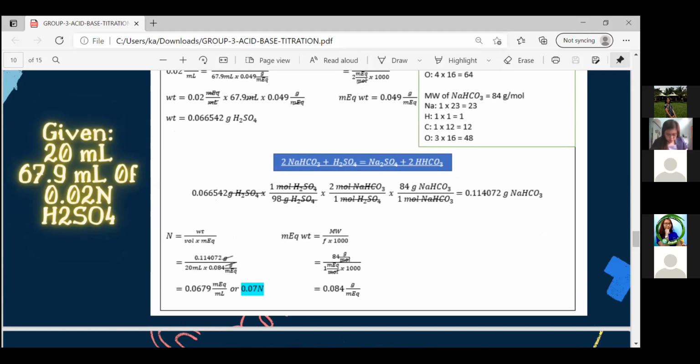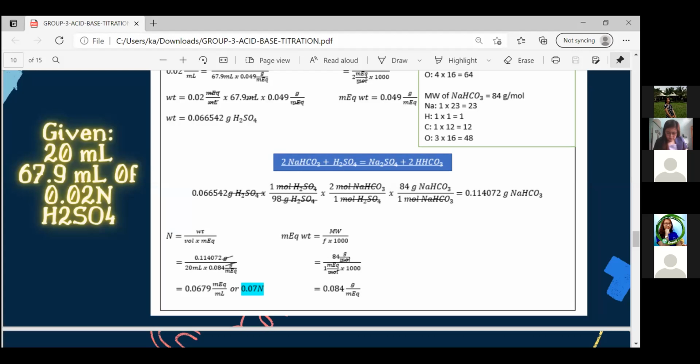So cancel out the grams of H2SO4, the mole of H2SO4, and then the mole of NaHCO3. So we have here the answer of 0.114072 grams of NaHCO3. So in order to get the molarity, we have here weight is equal to volume times MEQ per weight.